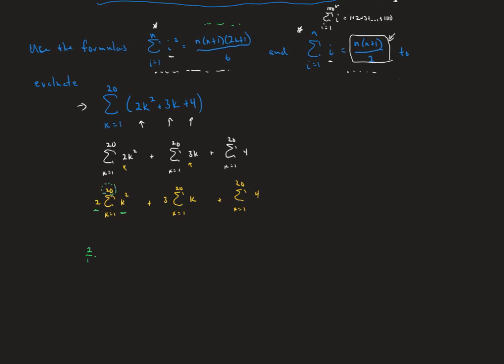So we're going to make that be 20 times 20 plus 1 times 2 times 20 is 40 plus 1 is 41 all over 6, plus 3 times, and now our sum of the k's is this formula here, and remember our n is 20, so it'll be 20 times 20 plus 1 is 21 all over 2, and then plus, and if we add 4 plus 4 plus 4 20 times, that's going to be 4 times 20.